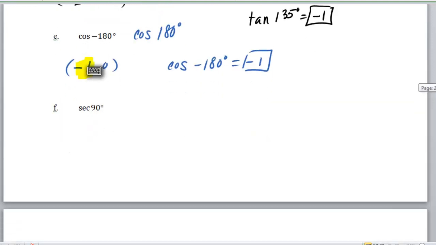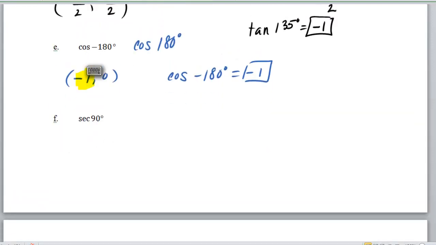Last but not least, we get into secant, and secant of any angle is going to be 1 over x, since this is the reciprocal of cosine.